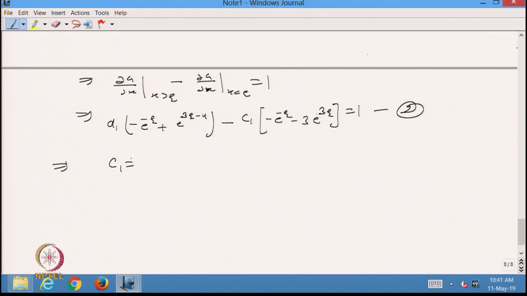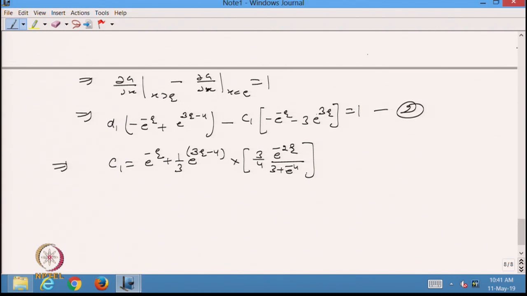So, C1 becomes e minus xi plus 1 by 3 e raised to power 3 xi minus 4 into 3 by 4 e raised to power minus 2 xi divided by 3 plus e minus 4.